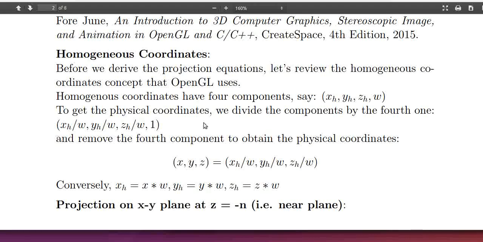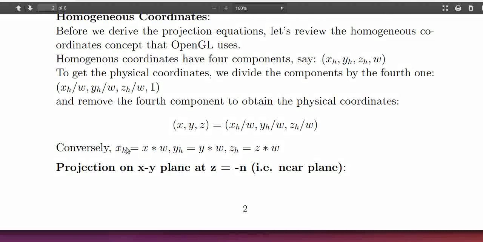So this becomes xh over w, yh over w, zh over w, and then we discard the fourth component, that's 1. That becomes our physical coordinates x, y, z. So x equals xh over w, y equals yh over w, z equals zh over w. Conversely, xh equals x times w, yh equals y times w, zh equals z times w.